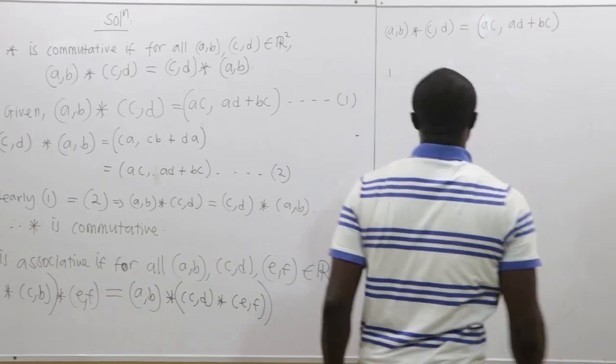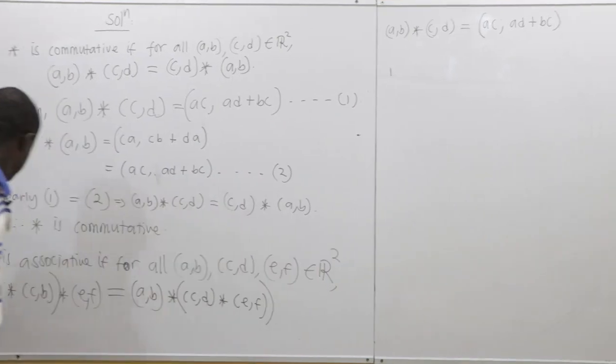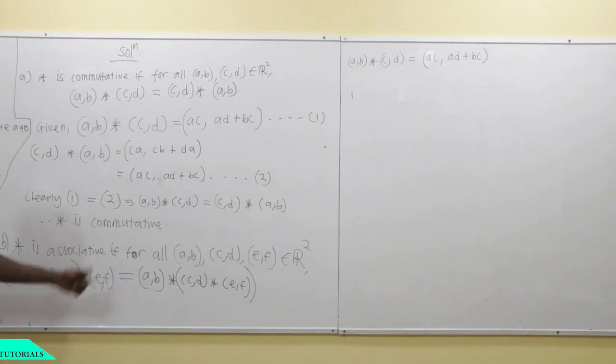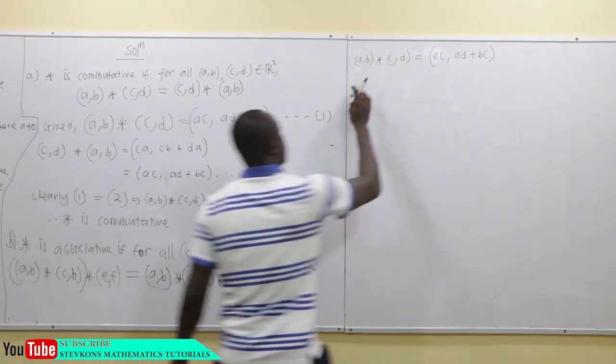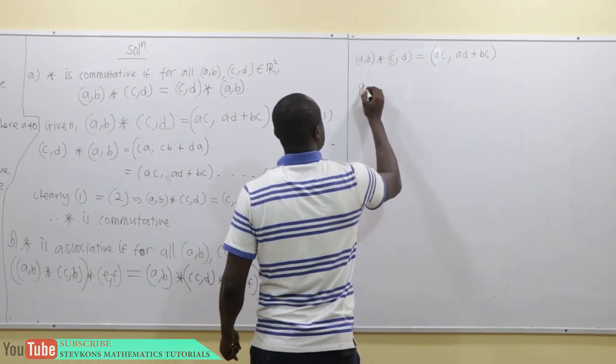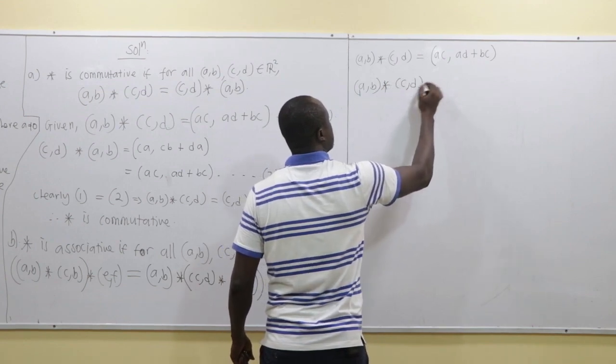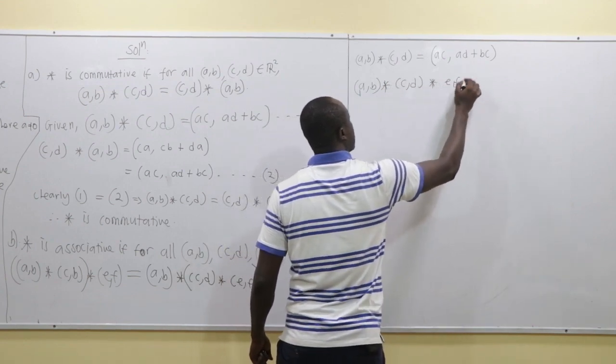This is the definition. That's it. Now we have to bring the third element, that is ((A, B) star (C, D)) star (E, F).